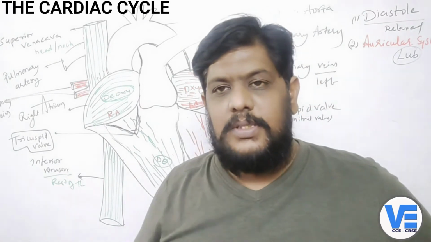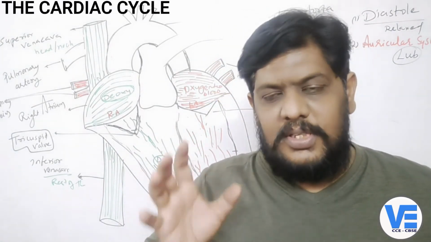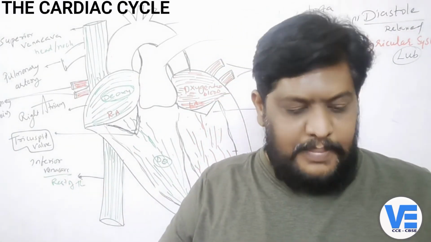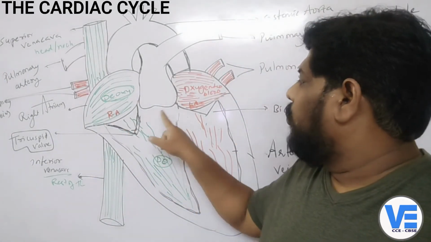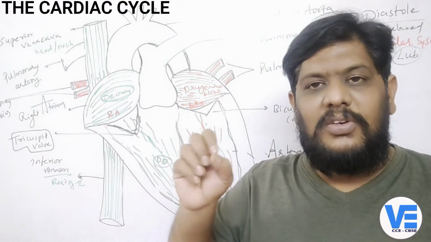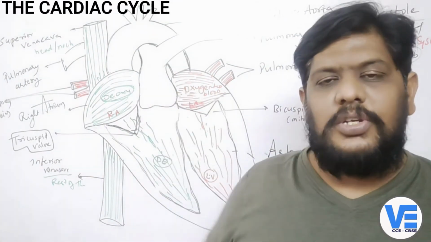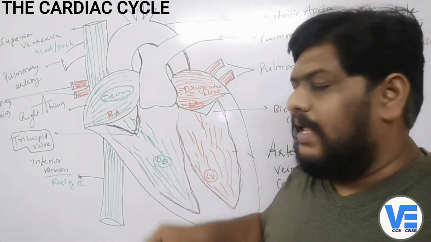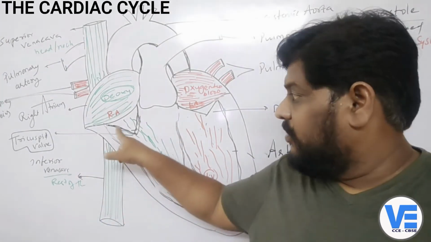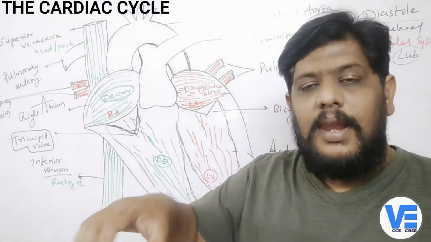Like from childhood onwards, you are using the words lub dub, right? Isn't it? Lub and dub. So this sound is caused by the closing of the bicuspid valve and the tricuspid valve with a good pressure. So this is called as the lub sound.